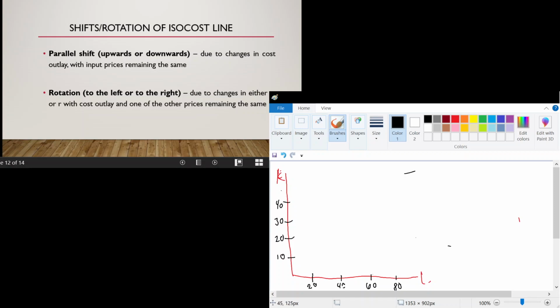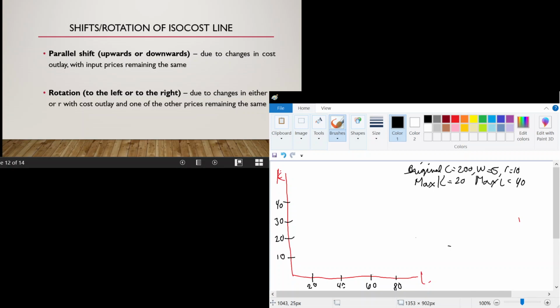And yung original natin is C equals 200, W equals, ano nga yung W natin? 5, and yung R natin is 10. So, in this case, yung max K natin is 20, yung max L natin is 40.